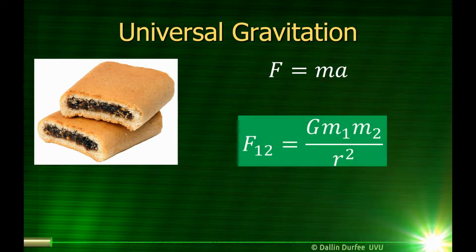He was able to show that Brahe's observations and Kepler's laws can be derived by assuming that there is a force between the planets which is equal to a constant times the mass of one planet times the mass of the sun or the other planet, divided by the distance between them squared.